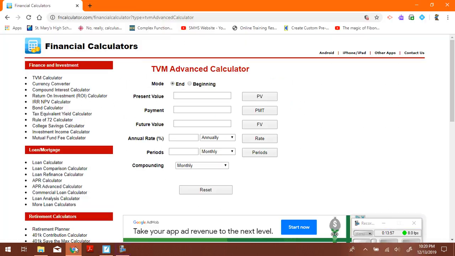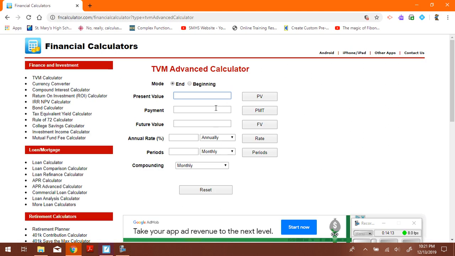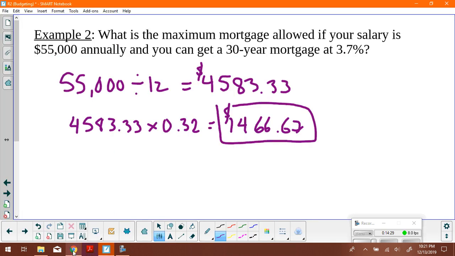Like last time, we're going to need to use the advanced version of the calculator here because we're talking about a mortgage. This time we're looking for the present value. We know what our payment is. Our maximum payment is $1,466.67. Future value is 0 because we want to pay this off. Our annual rate was 3.7%.